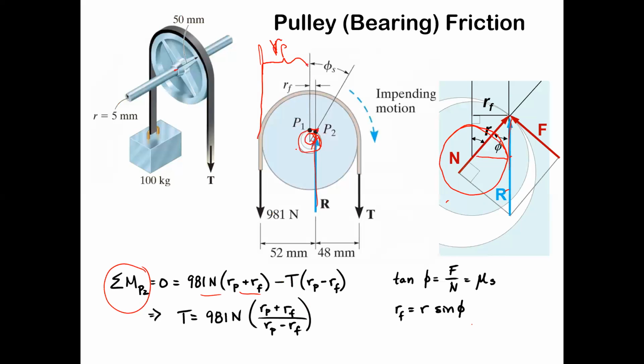That's giving a moment going counterclockwise, and then this T here is giving a moment going clockwise, so it's minus T, and the radius is RP minus RF. So the tension T on the other end of this thing, where you've got a 981 Newton load, 100 kilograms, if you're trying to maintain equilibrium, T is 981 times RP plus RF over RP minus RF.